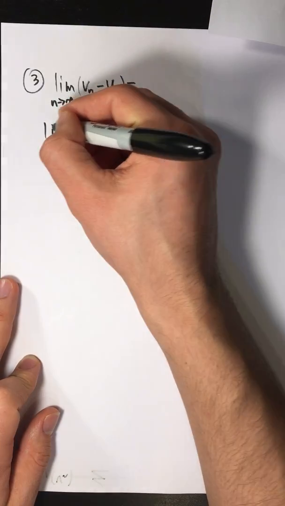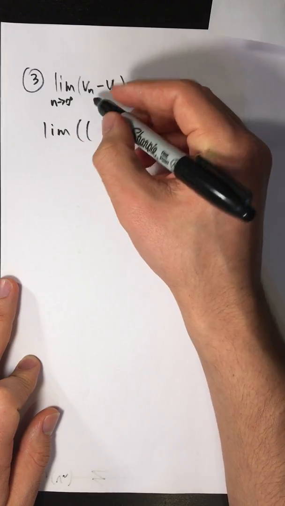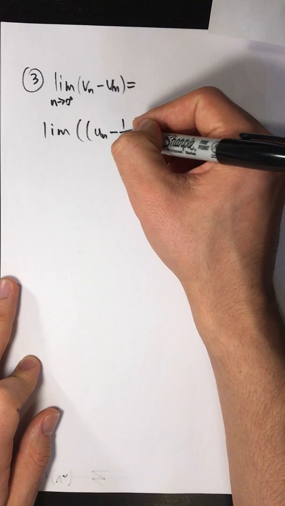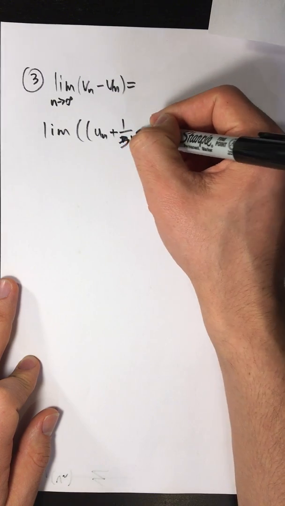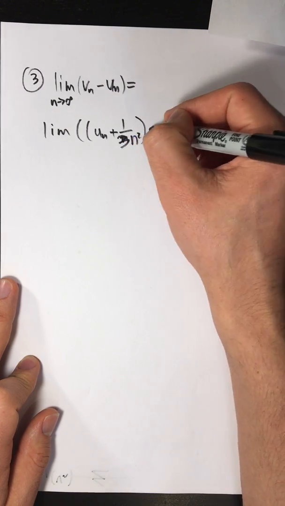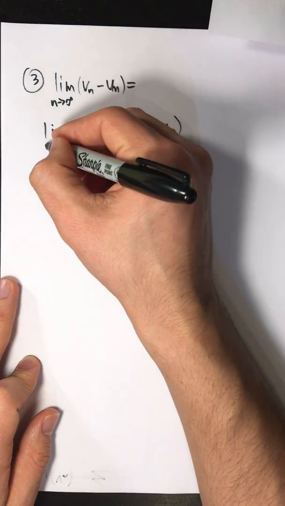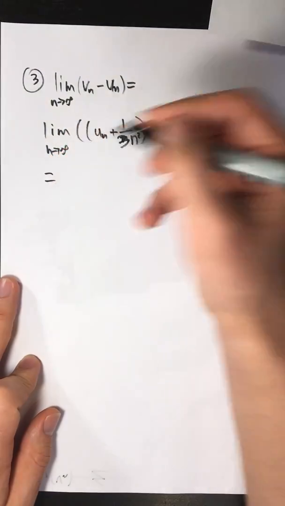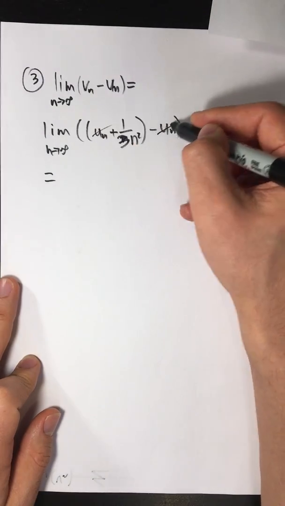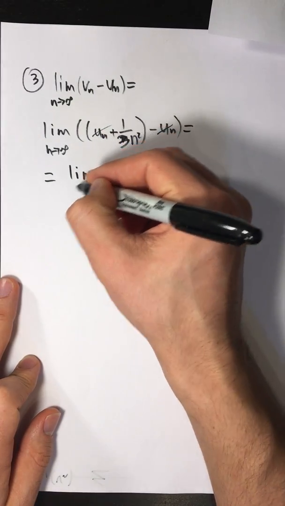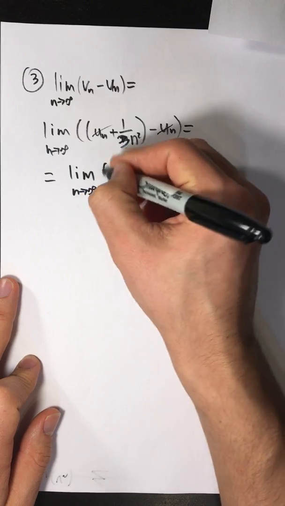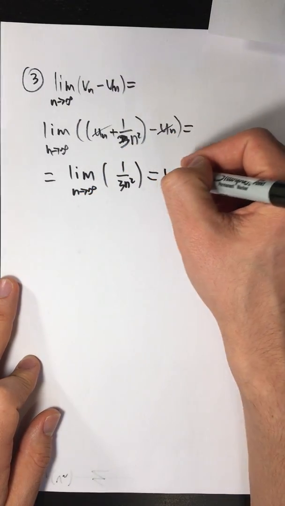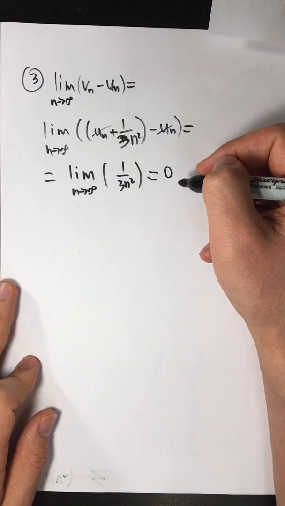So limit. So Vn is, it's given in the question, Un plus 1 over 3n square, minus Un. Boom. Okay, next. Un cancelled, so you have limit 1 over 3n square, and n goes to infinity, it's equal to 0.